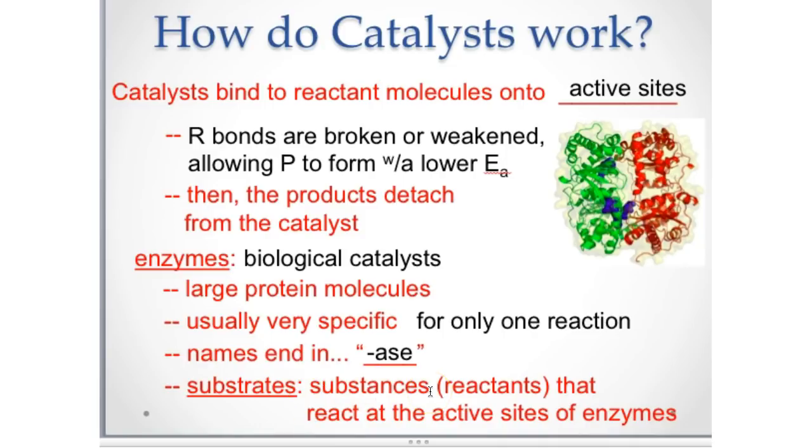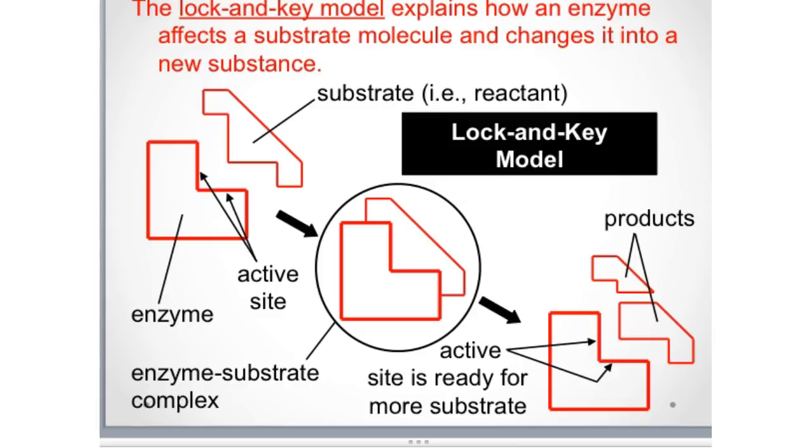Substances that react to these active sites are called substrates. So substrates are basically just your reactants. So your reactants are your substrates, and then your enzyme comes in and it binds to the substrate, and it forms this complex. So here's your enzyme, and here's your substrate, which is your reactant. The enzyme comes in, and it's shaped in a specific way, so that it triggers some form of formation.